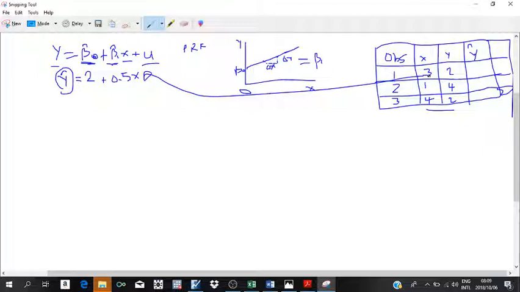So what we need to do here is to substitute all the values of x. We start with 3. So we have 3 multiplied by 0.5, this is 1.5, right? So 1.5 plus 2, we're going to write 3.5 here. Next is 1 times 0.5, which is 0.5 plus 2, which means we have 2.5 here.